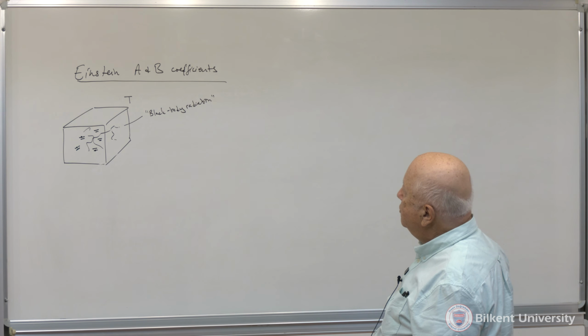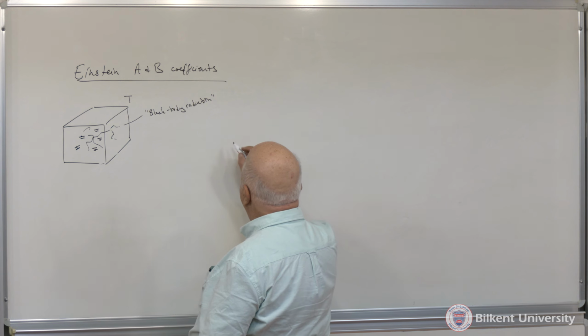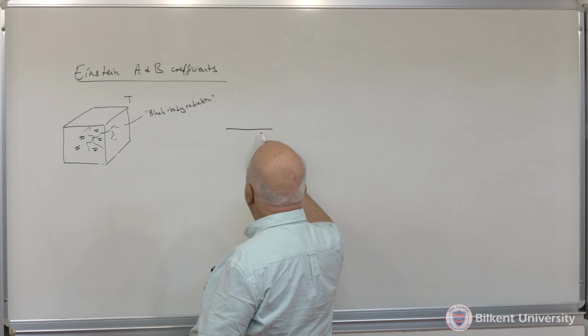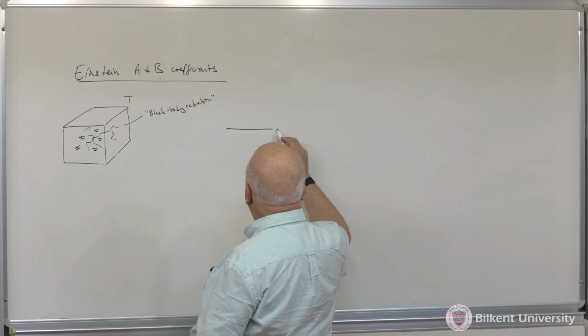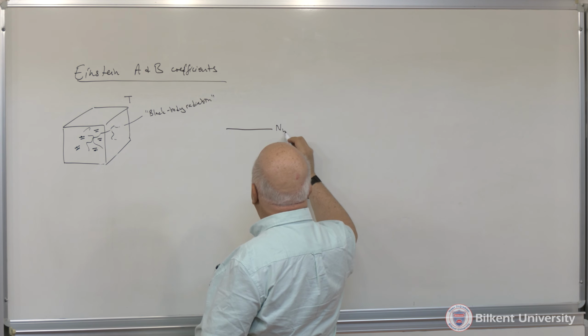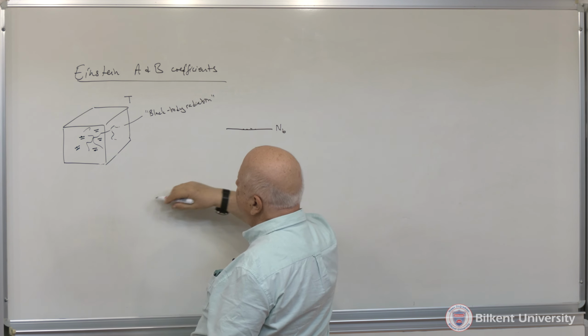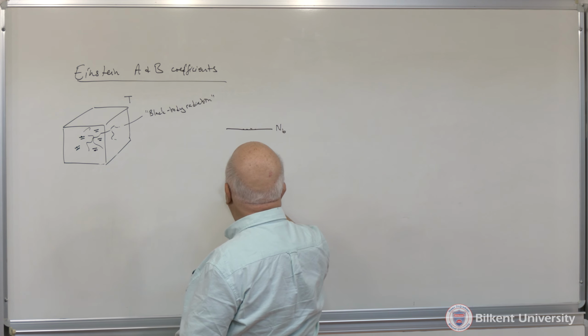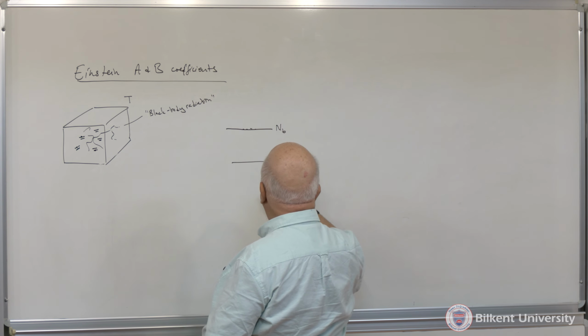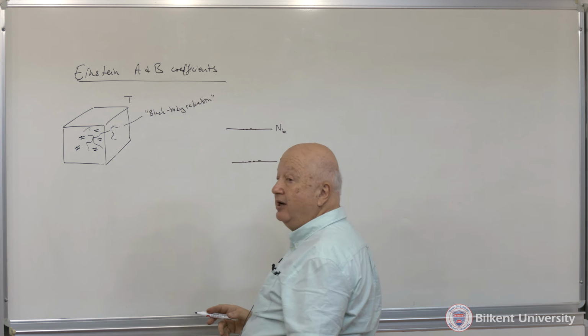All right, so you are going to get a number of particles in the upper energy level, so let's call them NB. So I'll have some atoms which are going to be excited, and some of them which are going to be in the lower energy level.